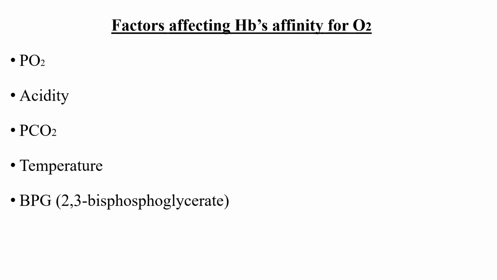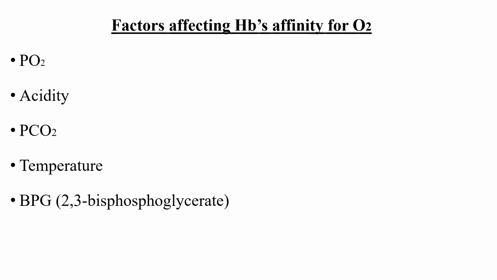BPG is an intermediate of glucose metabolism, that is 2,3-bisphosphoglycerate. When BPG combines with amino acids of the hemoglobin, it causes alterations in the hemoglobin structure, and oxygen is liberated from the hemoglobin.